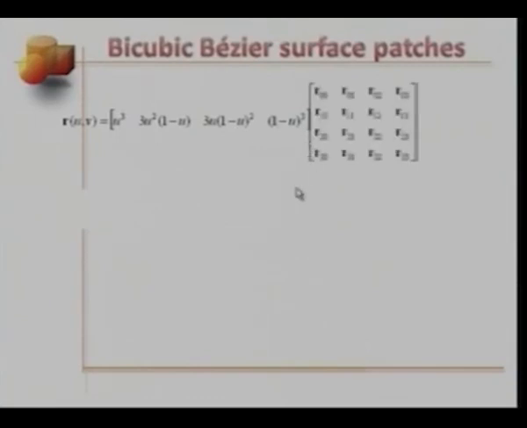The geometric matrix is now given by 16 design points arranged nicely along the parameter directions u and v, and we'll have Bernstein polynomials of degree 3 as a function of v arranged in the column form here.